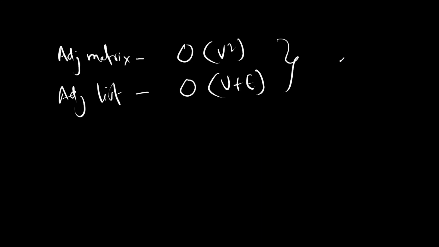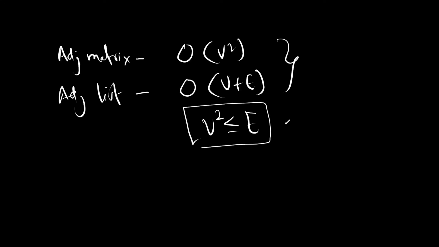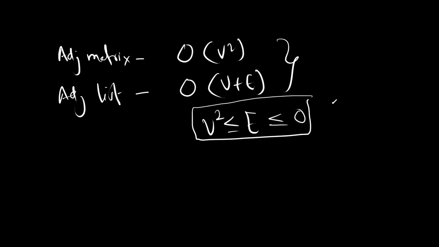So this is the time and space complexity for this particular algorithm that we are going to use to find out whether a graph is bipartite or not. And one thing you have to keep in mind is that E could be as large as V squared, but it could also be small. It depends on whether the graph is sparse or dense.